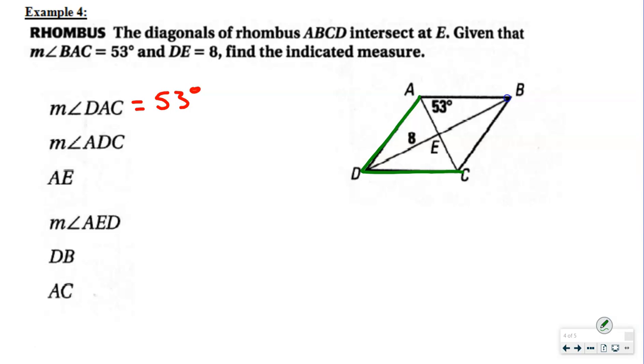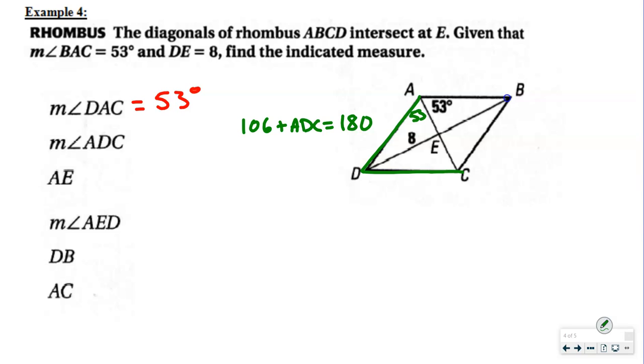Now we know this is 53 up here, so if I add my two 53-degree angles up there, that will give me the angle of BAD, that large angle up there, which would be 106. So I know 106 plus ADC is going to equal 180.